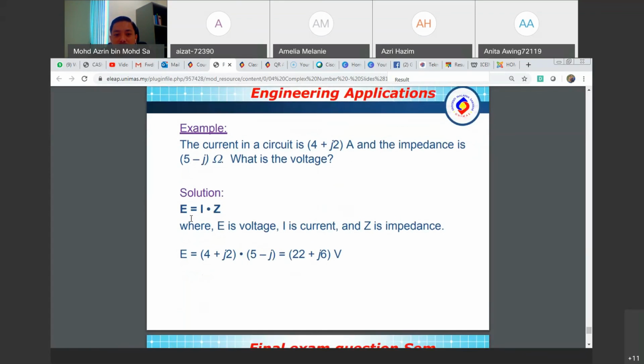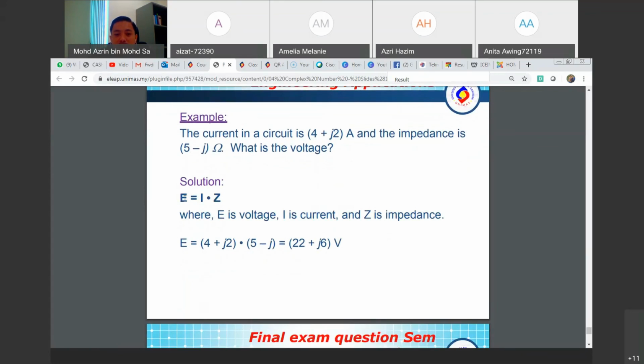So solution here, voltage equal to current times by impedance. So in the formula solution, kita mostly kita mechanical tak go through, tapi kita akan belajar lah kan, electronics, engineering. So ini in term of application.